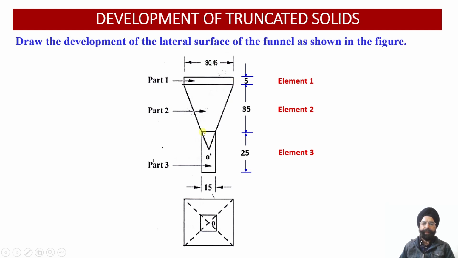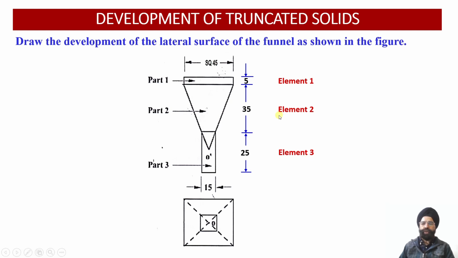Whereas element number 3 is again a square prism in which the edge of the base is 15 millimeter while the axis height is 25 millimeter. Both of these elements, number 1 and 3, will be developed using the parallel line development method.